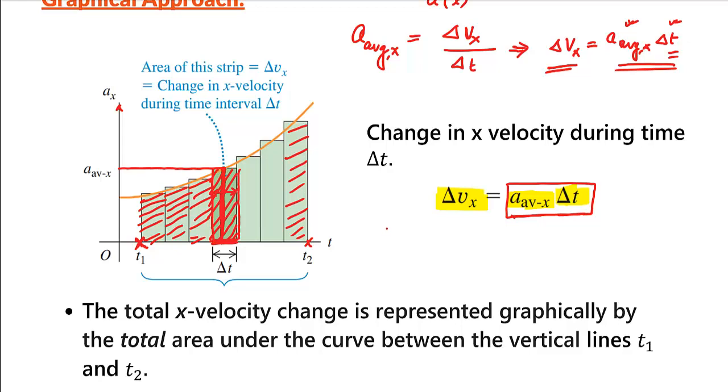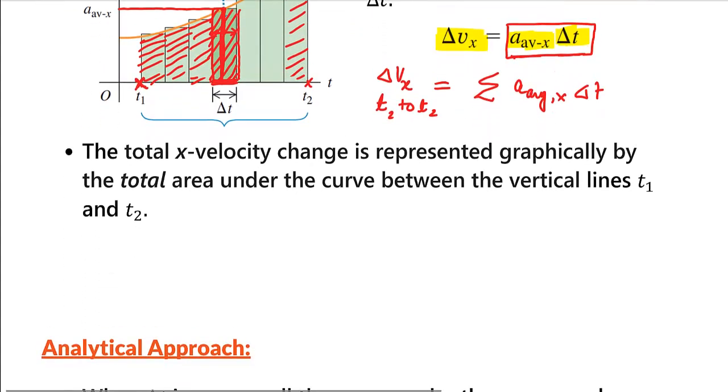So we can write the change in velocity in the x direction from time t1 to time t2 as the sum of all the areas, that is, average acceleration in the x direction multiplied by dt, from time t1 to time t2. Simply by adding all these areas, you can find the change in velocity from time t1 to time t2.